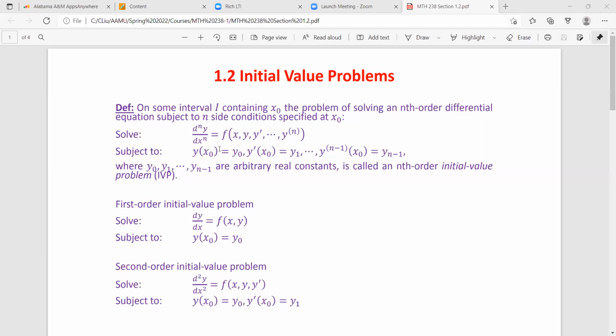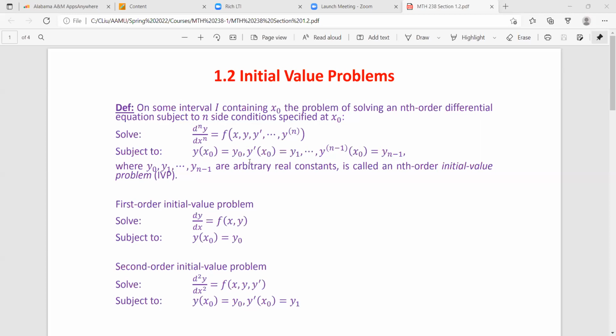So the initial value of the function at x0 is y0, and the derivative of the function at x0 is y1, and so on, up to the (n-1)th derivative of the function at x0, which is y_{n-1}. All of those y0, y1, up to y_{n-1} are numbers given in the problem.